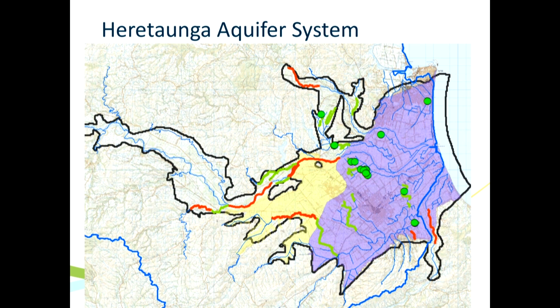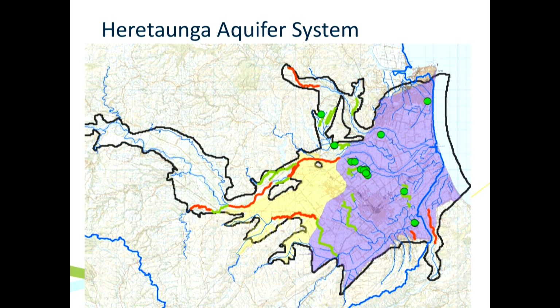Also in here we have interaction with surface water. These areas are where the rivers are gaining water from groundwater, and the red areas, this is the Ngaruroa River here, are where it's losing water to groundwater, so it's recharging the aquifer.